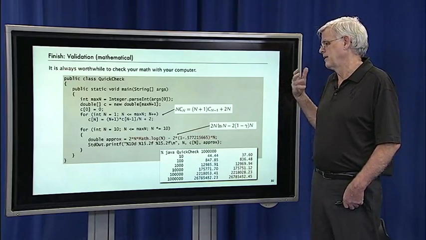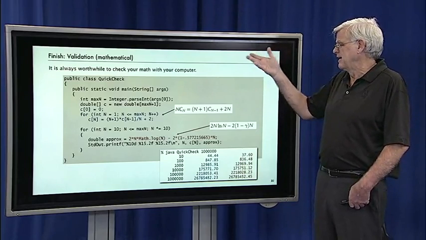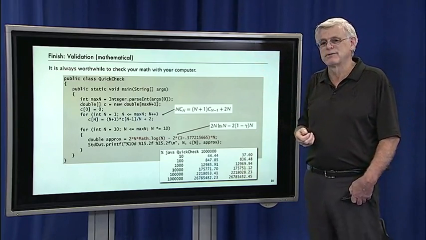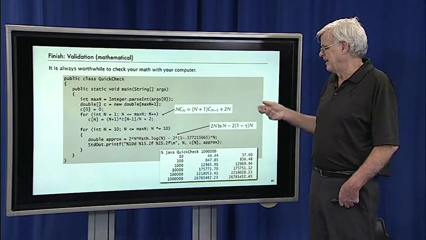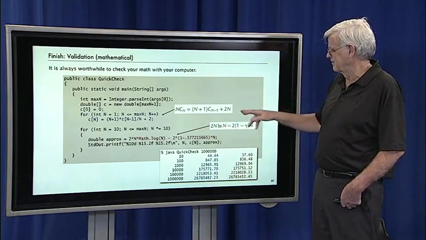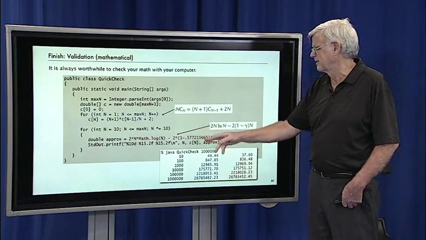Now, even when we're just doing math for the analysis of algorithms, we can always check our math with a computer, and that's always worthwhile. I'm claiming that this is pretty close to Cn. Well, I can just write a program to compute this.